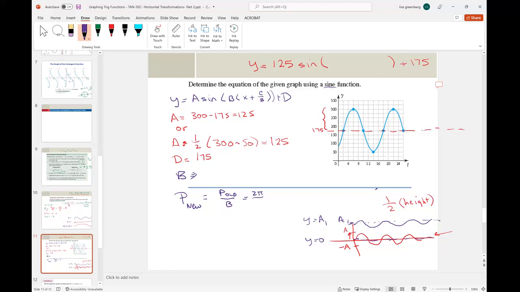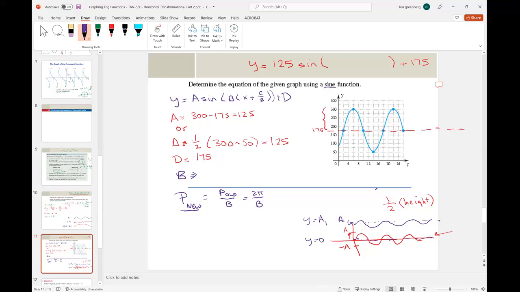Now we don't know what B is, and we can't find B directly, but we can find the period of this graph. So how do you find the period of a graph? You take the highest number, the lowest number?